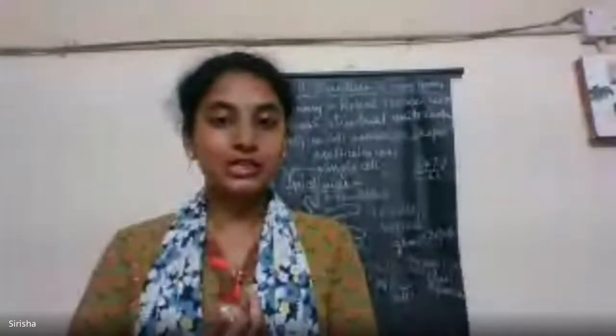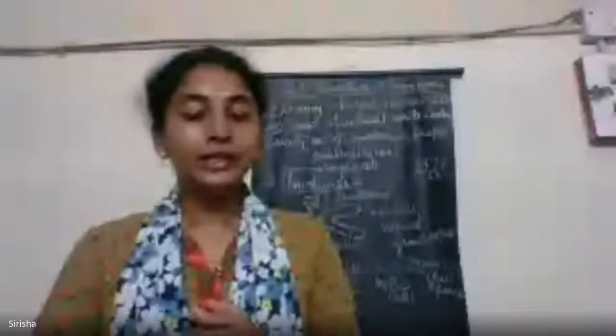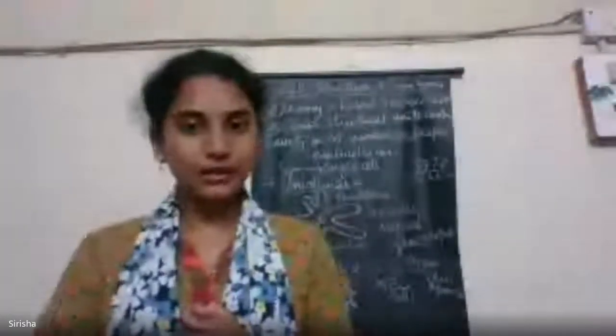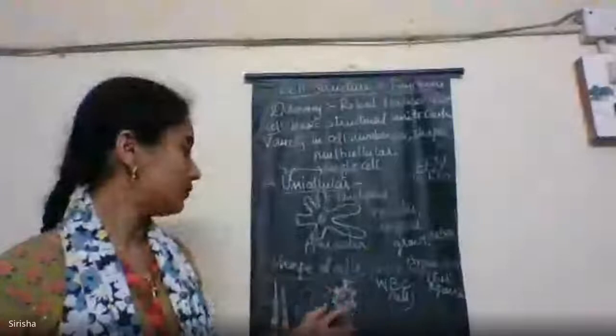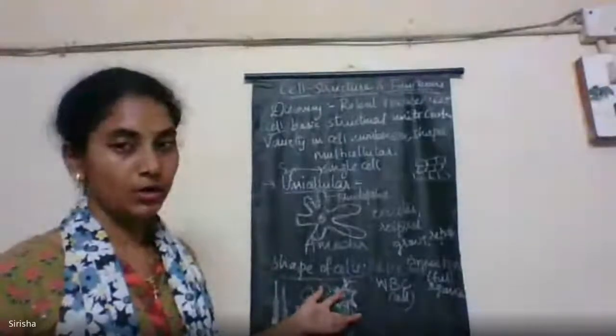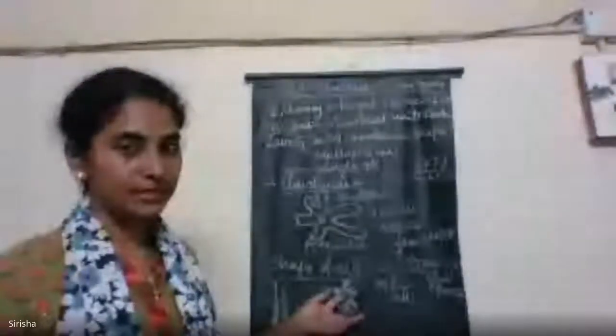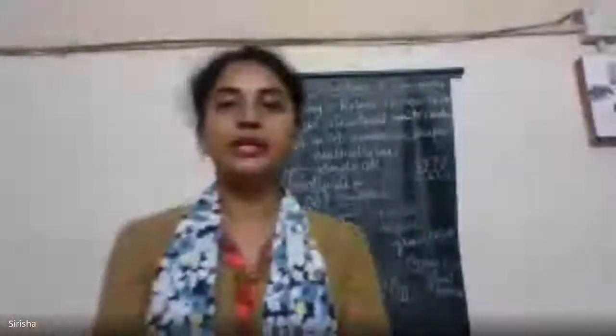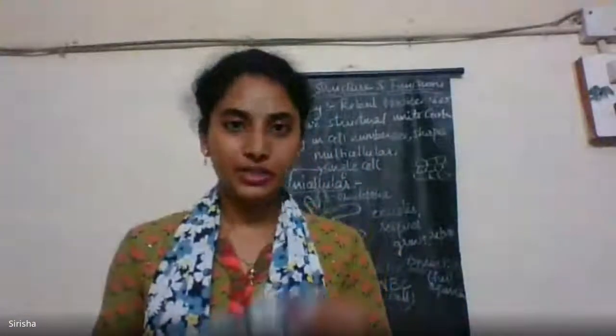These neurons are branched and very long, attached together for meters in length. They are of a different shape. Next comes the spindle shape. Spindle-shaped cells are present in our muscles. This is regarding the shape of cells.